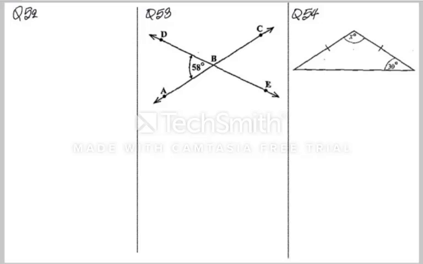The exterior angles of any polygon must add up to 360 degrees.